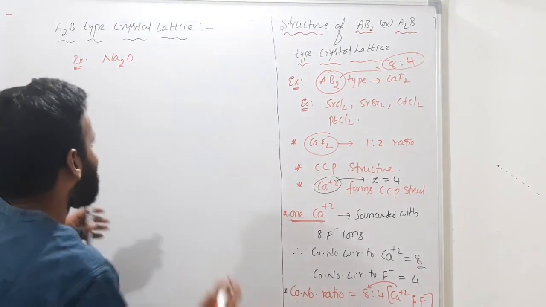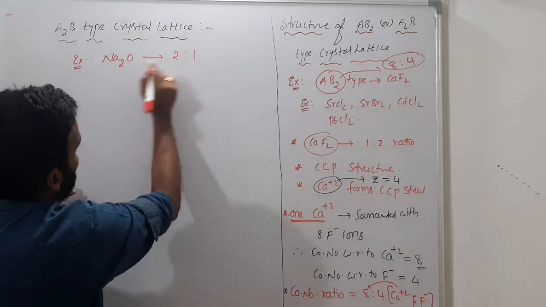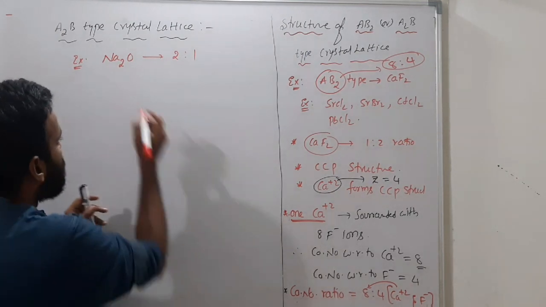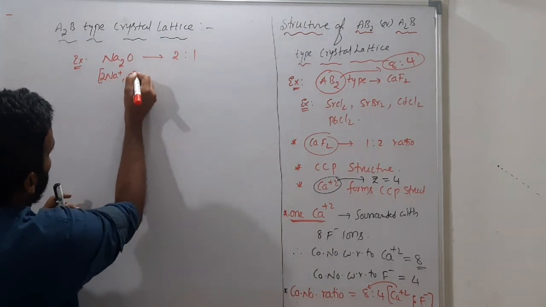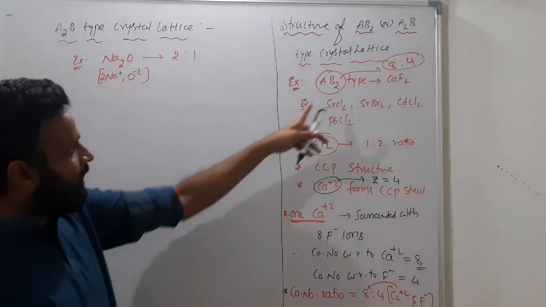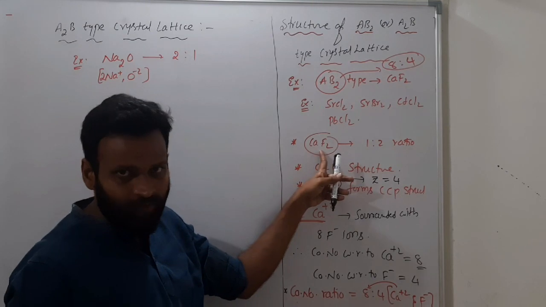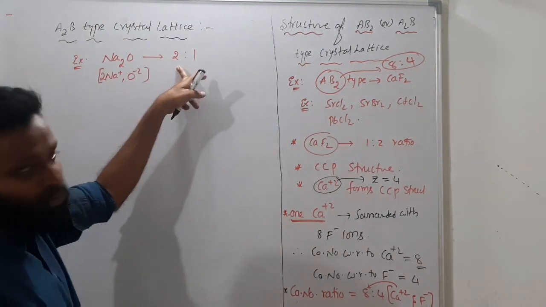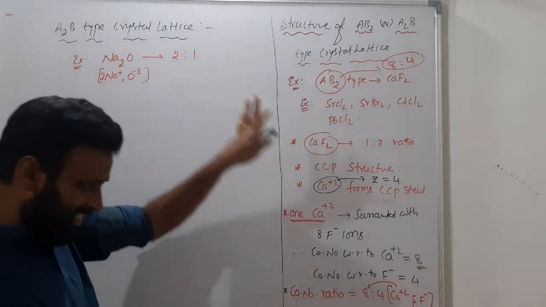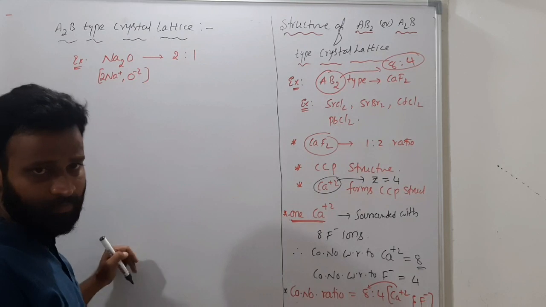In what ratio are they existing? So here 2 sodium ions and 1 oxygen ion. So this will be like 2 Na plus and O minus 2, right? AB2 exists like CaF2 in a 1:2 ratio, but here A2B means the reverse ratio. Same story, we have no need to discuss anything else. Reverse.